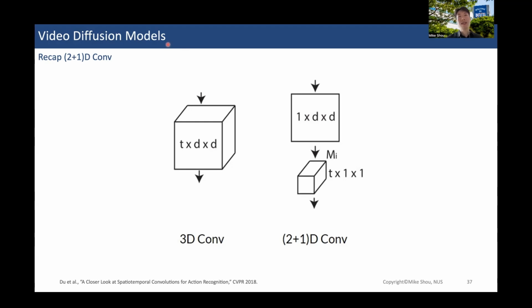For each specific layer, we factorize into a 2D spatial convolution followed by a 1D temporal convolution. This one operates only on the spatial, and this one only concerns the temporal. And people found out this can achieve good performance and is more efficient.